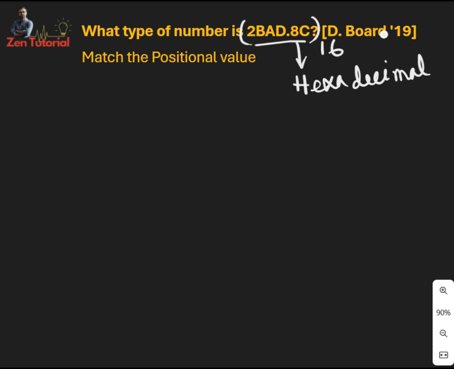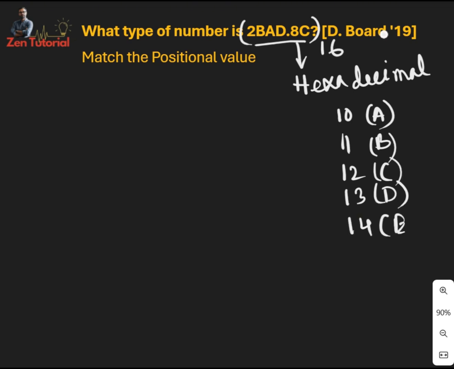Let's recheck the values of A, B, C, D, E, F. So 10 represents A in decimal, 11 represents B, 12 represents C, 13 represents D, 14 represents E, and last but not least, 15 represents F, right? And this number actually has two portions, the fraction HC, then the radix, and the integer number.